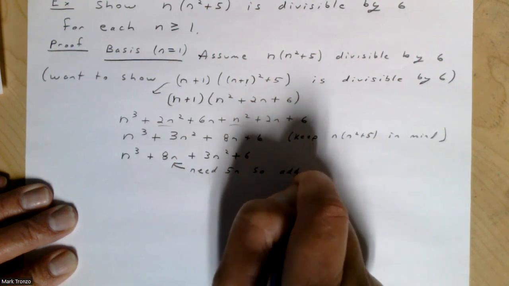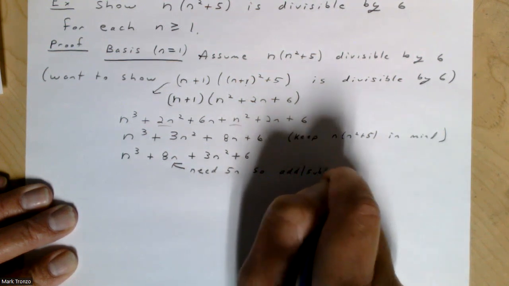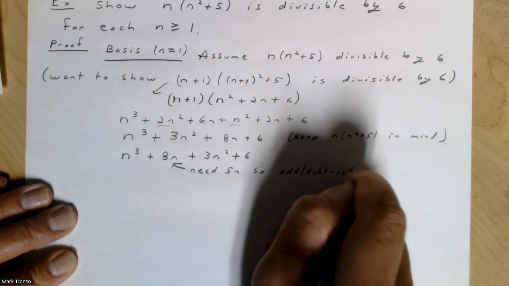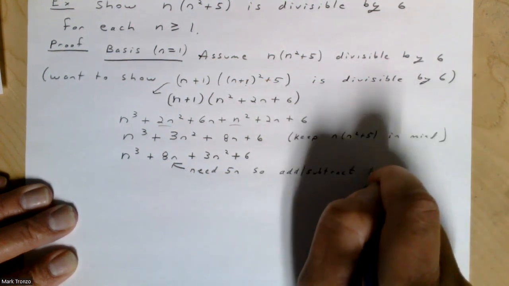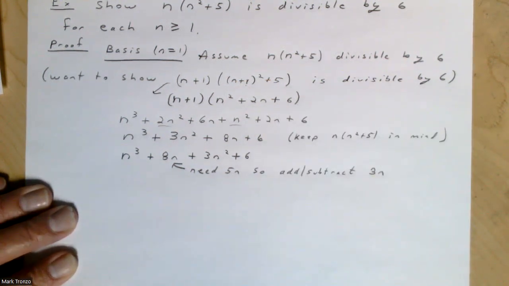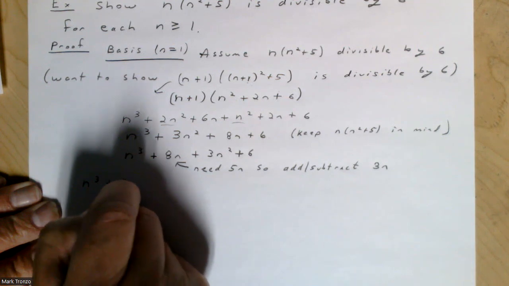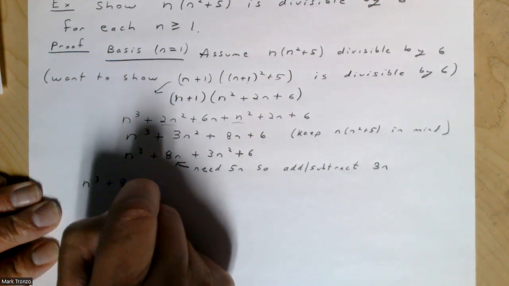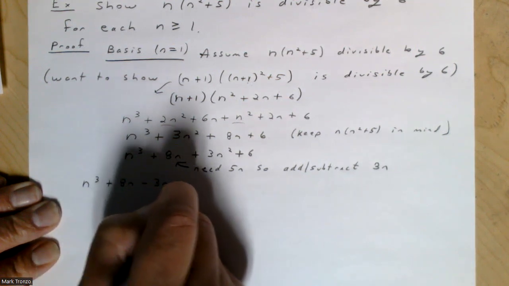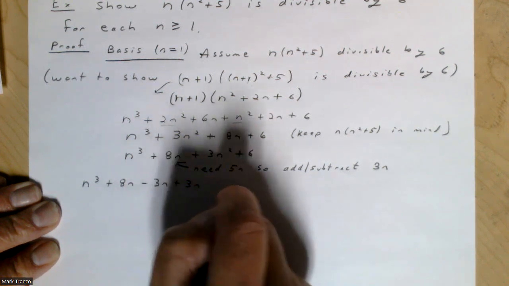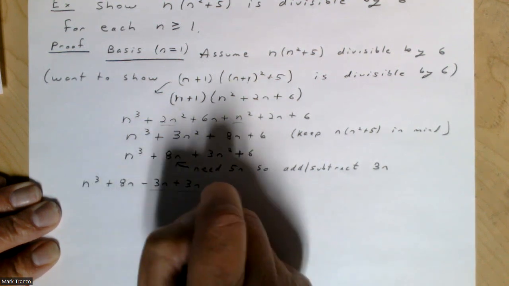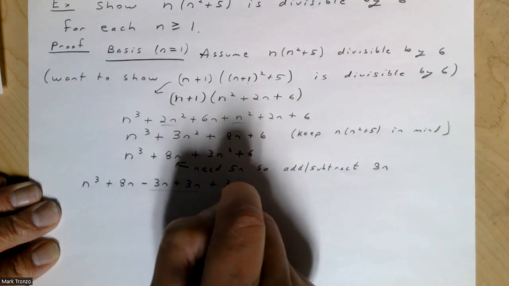So add and subtract 3n. So let's subtract 3n and add 3n. And then just bring the other stuff down.